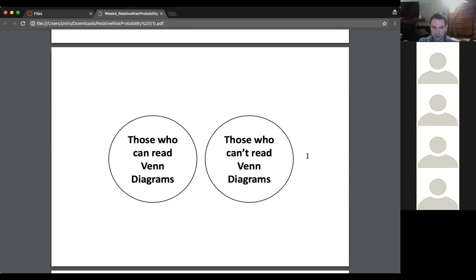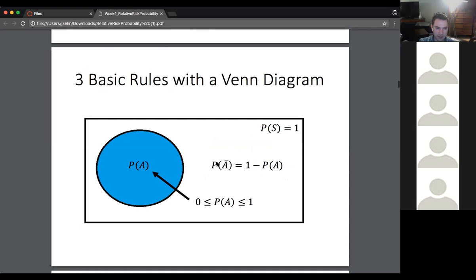This is kind of a little bit of a joke, as you can see here, there's a Venn diagram: those who can read Venn diagrams and those who can't. This shows that they're mutually exclusive because you can't have an overlap between those. If you had an overlap here, that would violate the rule of mutual exclusivity. So there are 3 basic rules of looking at a Venn diagram.